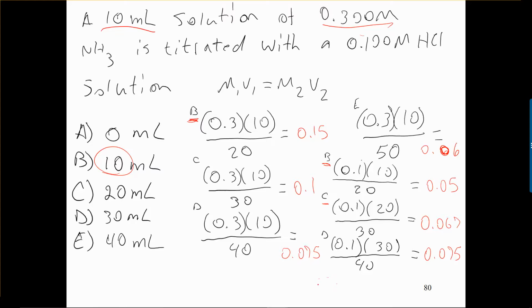And 0.08. And E, I don't have it up here, but that will be 0.08. Okay, perfect. Now look at D. Look at D base and D acid. What do you notice? That's the equivalence point, right? That's the one where we reach the equivalence point.